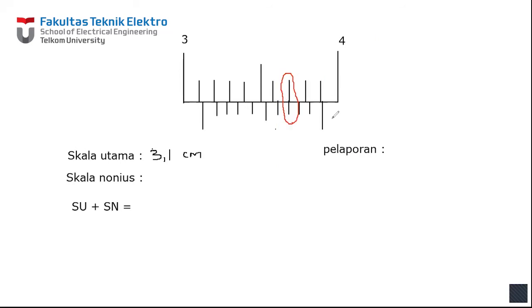So we write down the 7th line, 7. After that we multiply it by the lowest scale or NST, which is 0.01 centimeter, right? And then we have 0.07 centimeter.